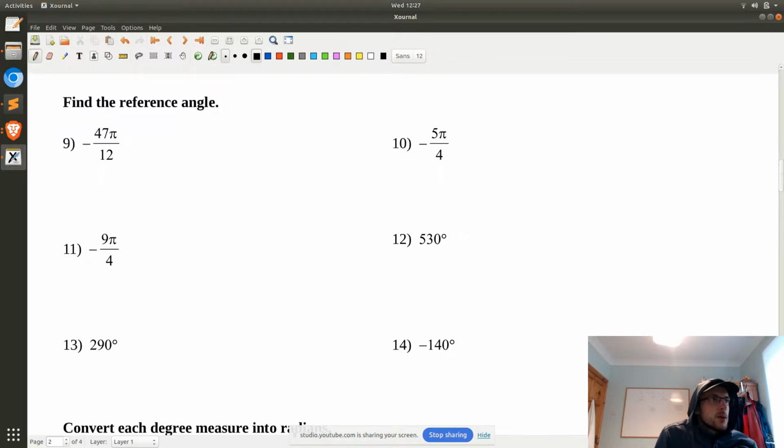Find the reference angle. Reference angle. So I kind of think of it as the smallest angle to the horizontal. So anyway, we must try. Okay, well, that's nearly 4 times as much.